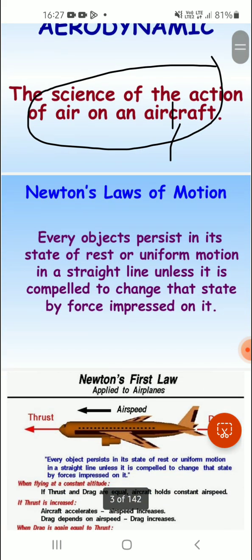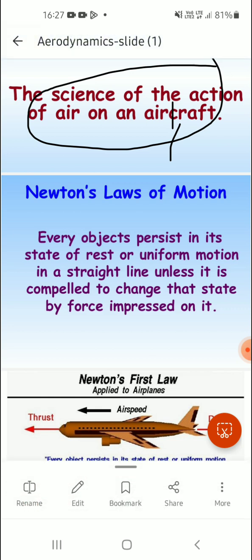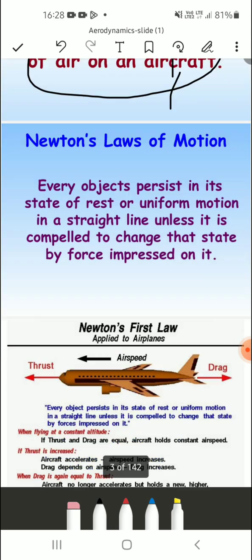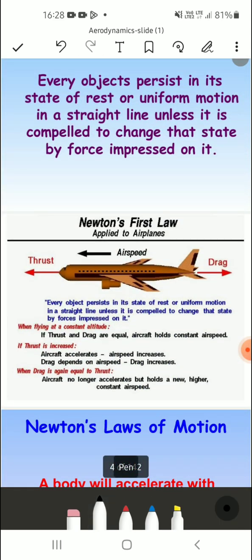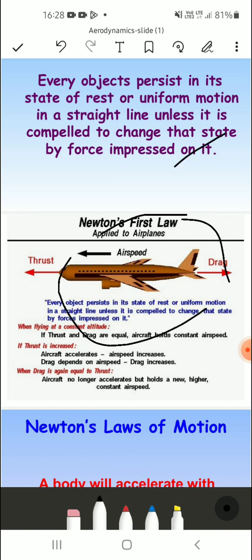If you are in class 9th or 10th, or higher classes 11th, 12th, or in colleges, then it will be very easy to learn this, because you have already learned Newton's law of motion, Newton's first law.